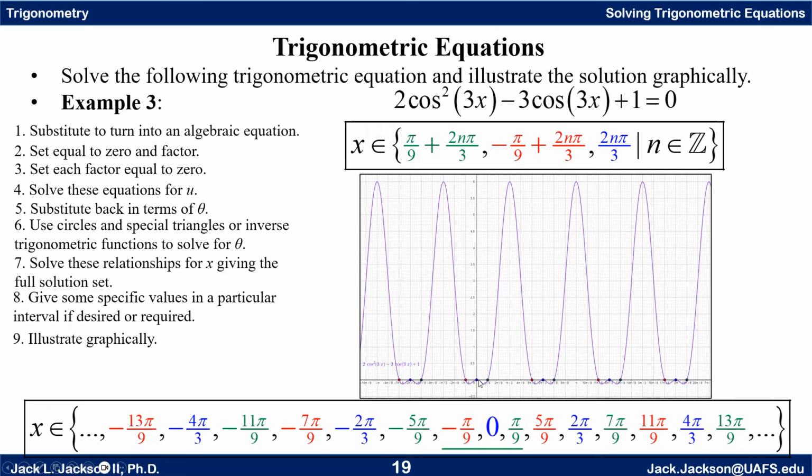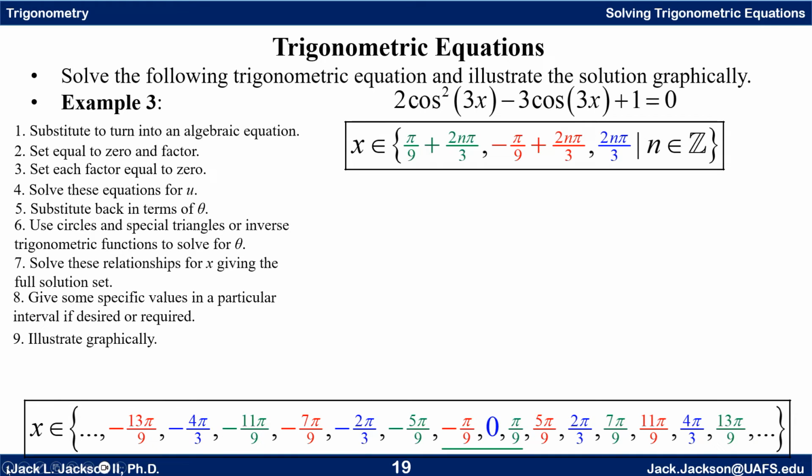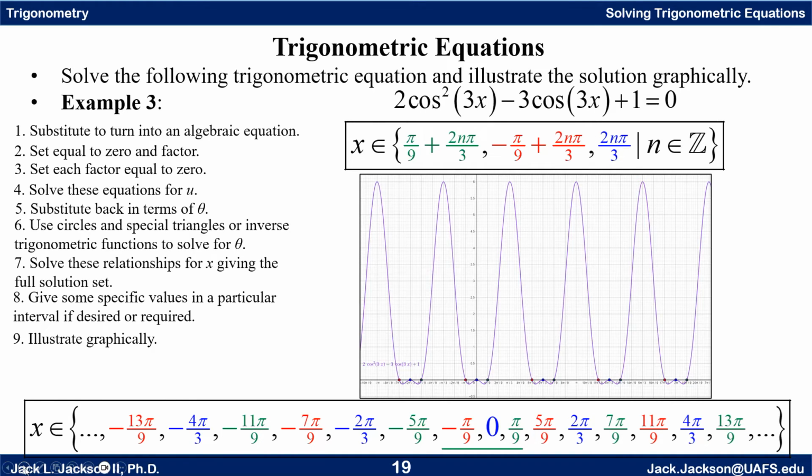The ones at 0 right there all come from this 2n pi over 3, which came from one factor in the previous one, and these others come from the other factors. Now, if we want, we could find decimal approximations for these. We could use some technology to check. This essentially is using technology to check. I did this graph in GeoGebra.